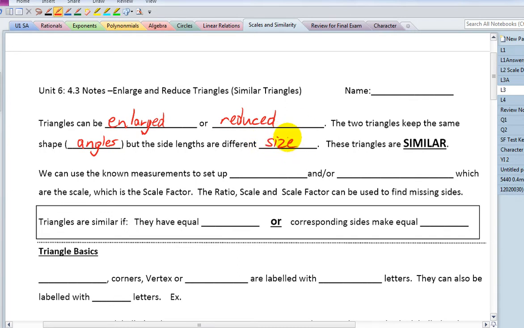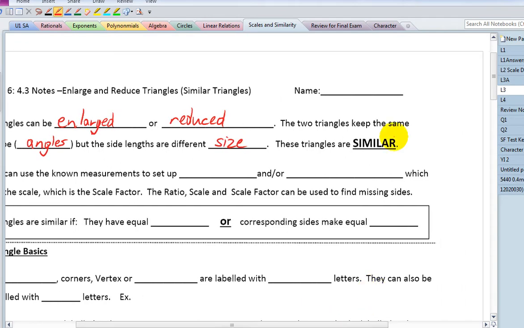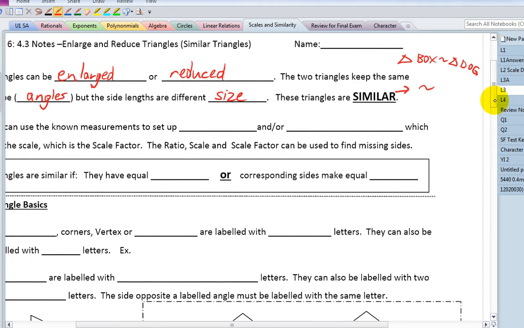So they've been enlarged or reduced. The triangles are similar, not equal, but similar. For similar, we use a little S sign instead of an equal sign. So we can say triangle BOX is similar to triangle CAT. It's just a little squiggly line, similar to.